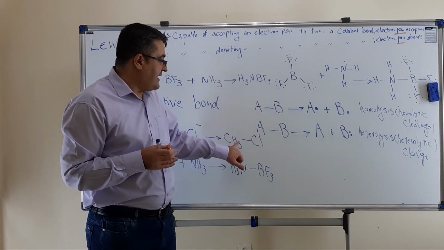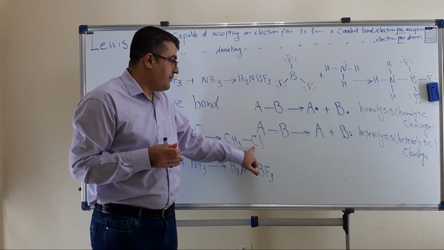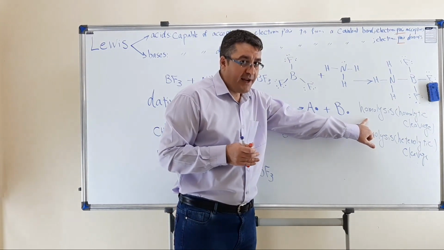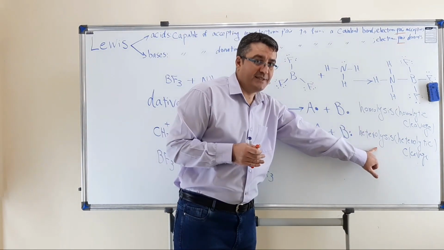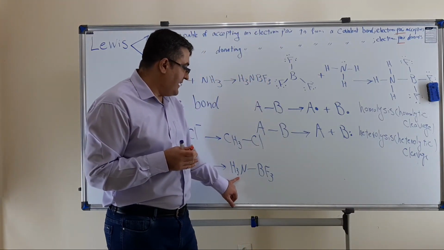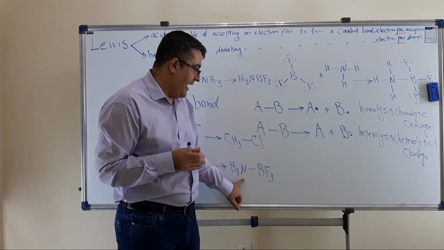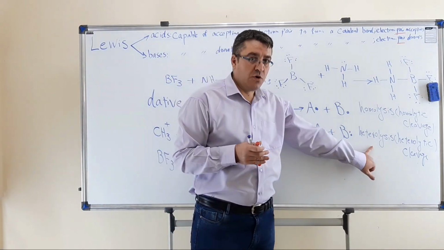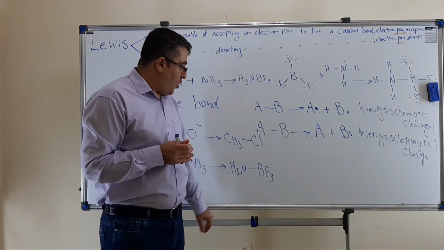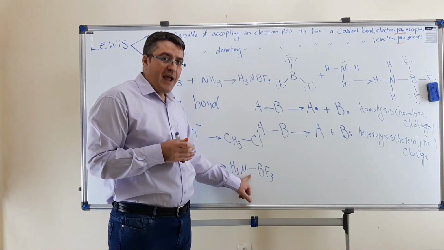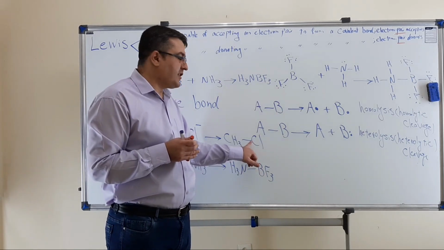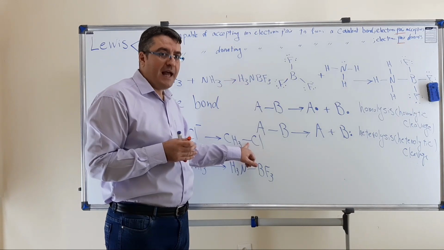In the case of the C-Cl bond, homolysis requires less energy to break the bond than heterolysis. On the other hand, in the case of the B-N bond, heterolysis requires less energy. So this coordination bond can also be considered as a dative bond. But this is not true for the C-Cl bond.